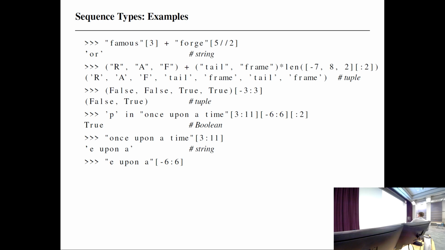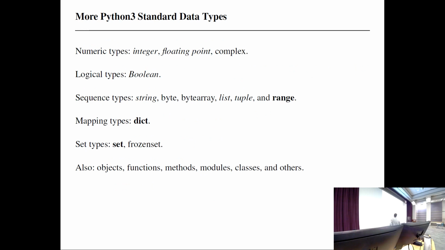So start on the U, up to but not including 6. 0, 1, 2, 3, 4, 5, 6. So I'm going to have the word upon. And then I'm going to take the first 2 characters of upon, 0, 1, up to but not including 2. So my real expression here is P in up. And the answer is true, and that's why I get it.